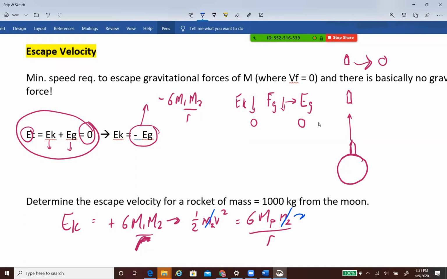Then we can say that v squared would be 2 times big G times the mass of the planet.